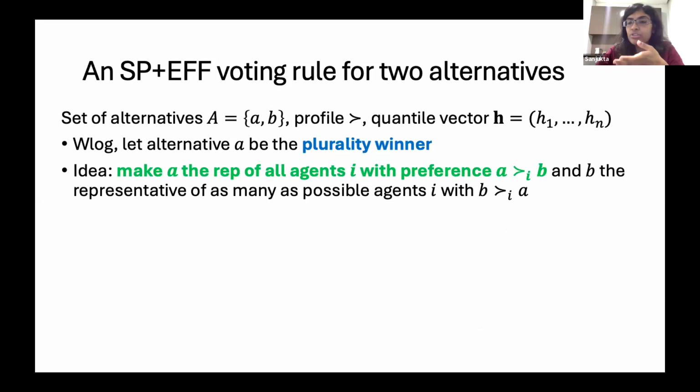One of our reasons to define strategyproofness is to see whether the Gibbard-Satterthwaite impossibility result still holds when we have such quantile representations.